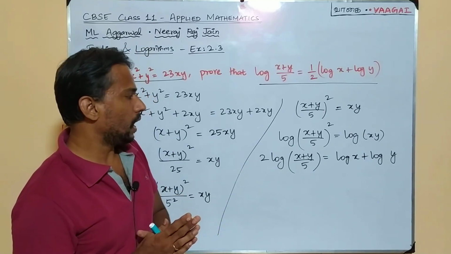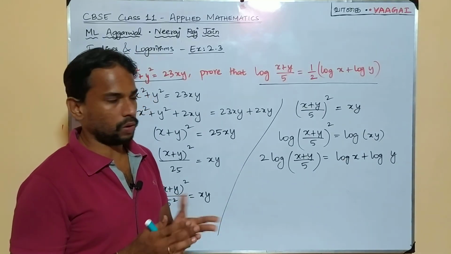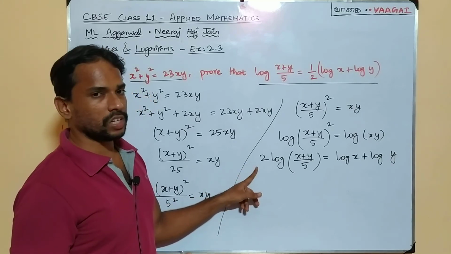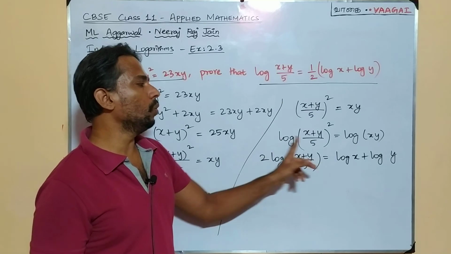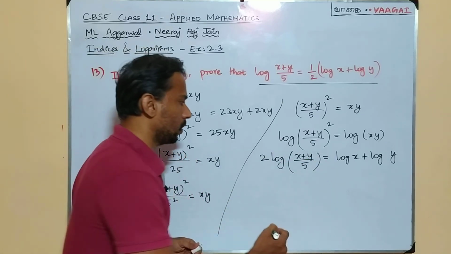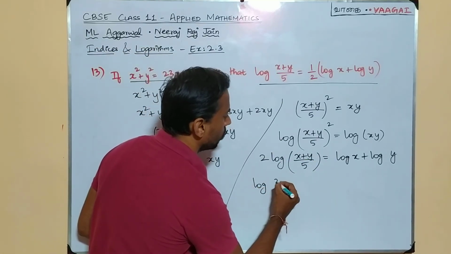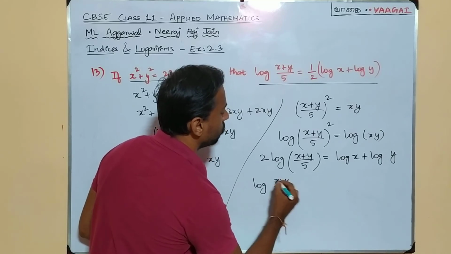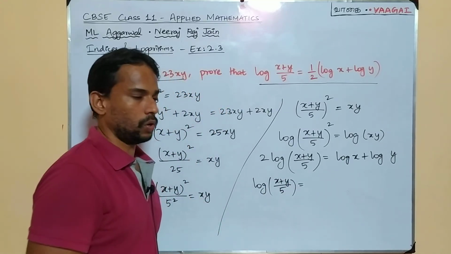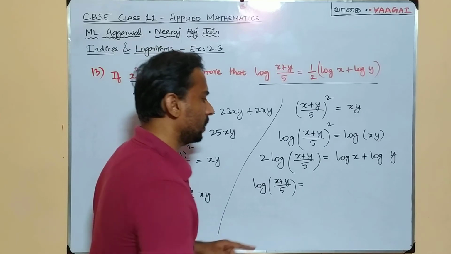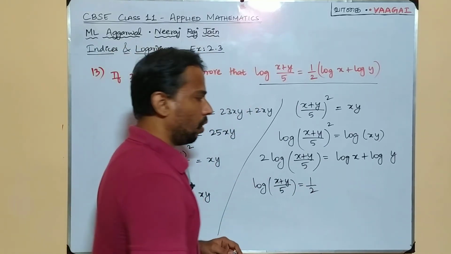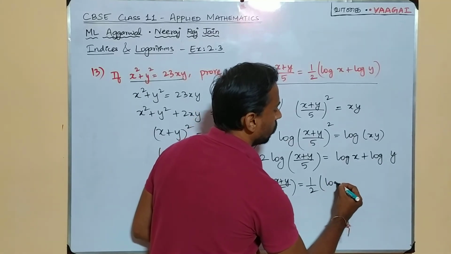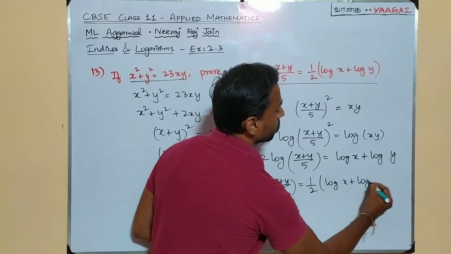And the last step we need to perform is to take this 2 to the other side, so that this multiplied by 2 goes there as divided by 2. So log of (x plus y by 5) will now be equal to 1 by 2 of the right hand side values, log x plus log y.